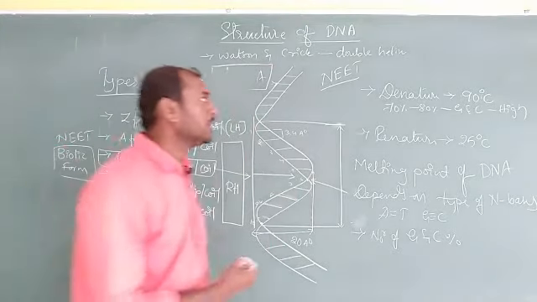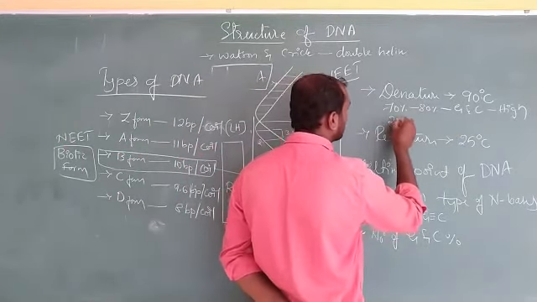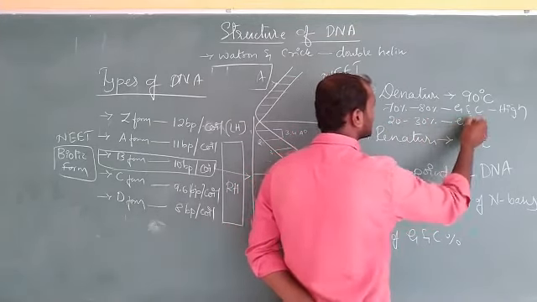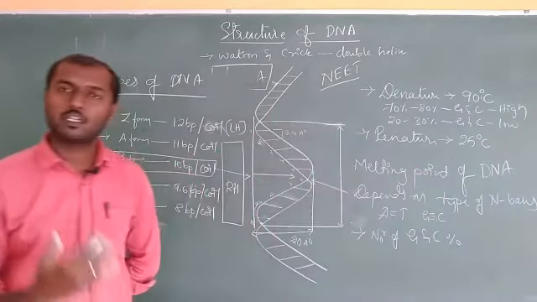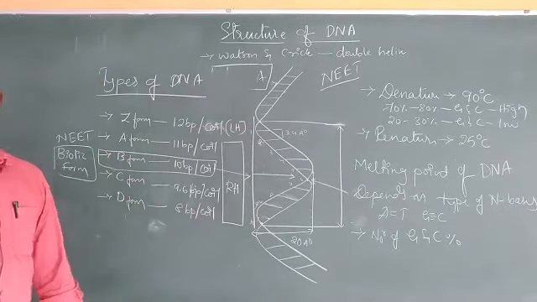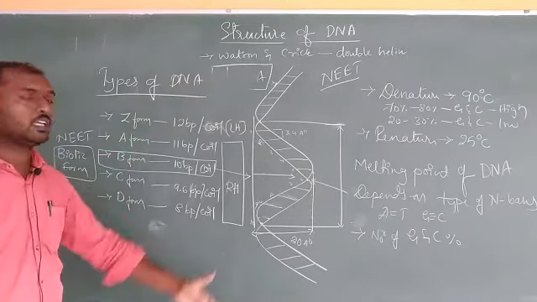If the percentage of G and C is 20 to 30%, then it is comparatively a low melting point. So it depends on the number of G and C present, specifically in the total length or the total DNA content in the cell.